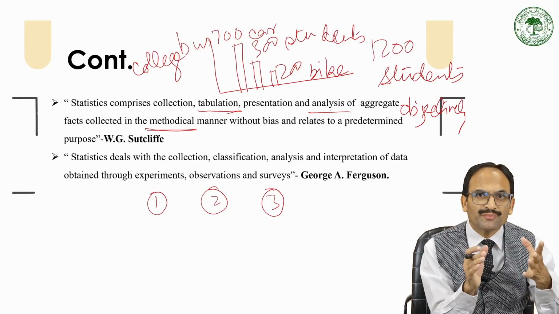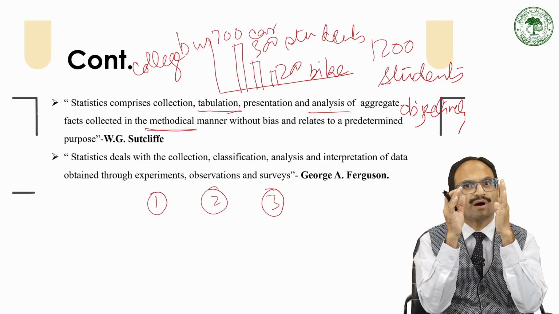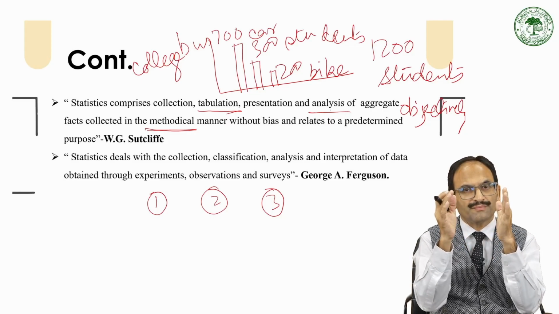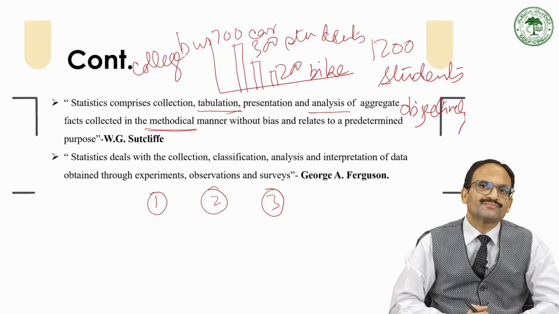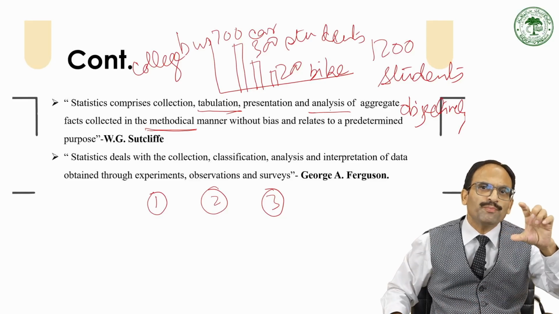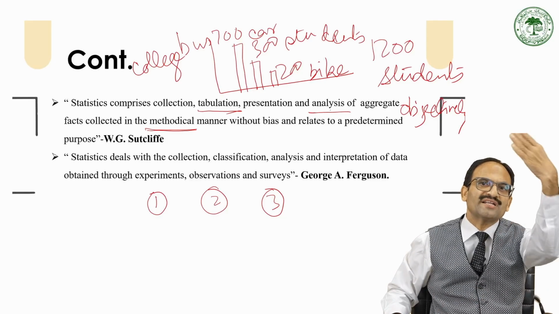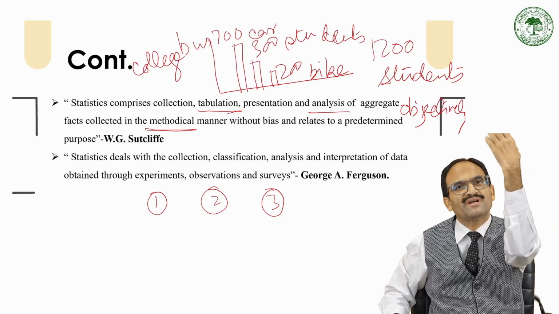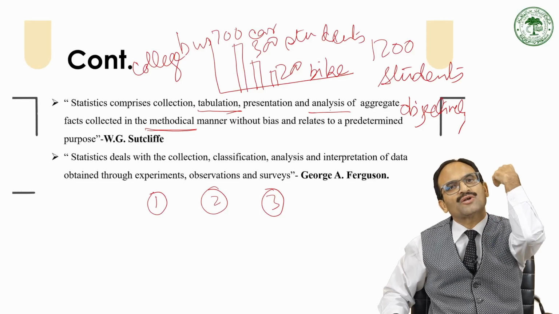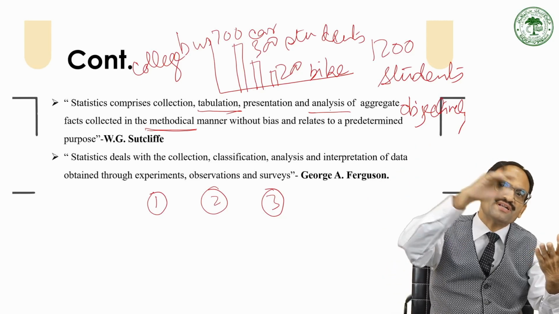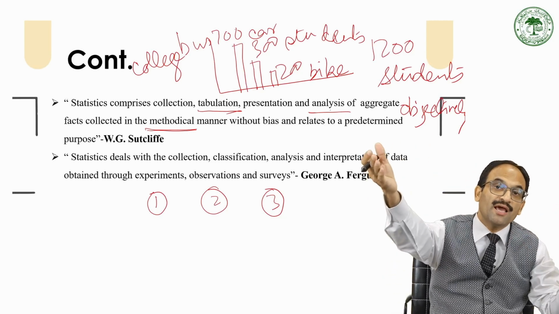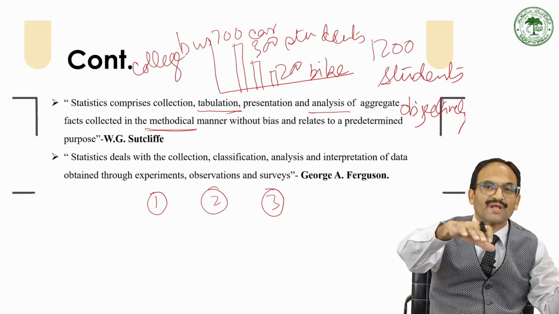what I do? I will divide the students, suppose, into 3 groups. So, the first group I will teach through one method, the second group through another method, and the third group through a third method, and then I will take some test. First I will take a test that is known as pre-test before giving the treatment.